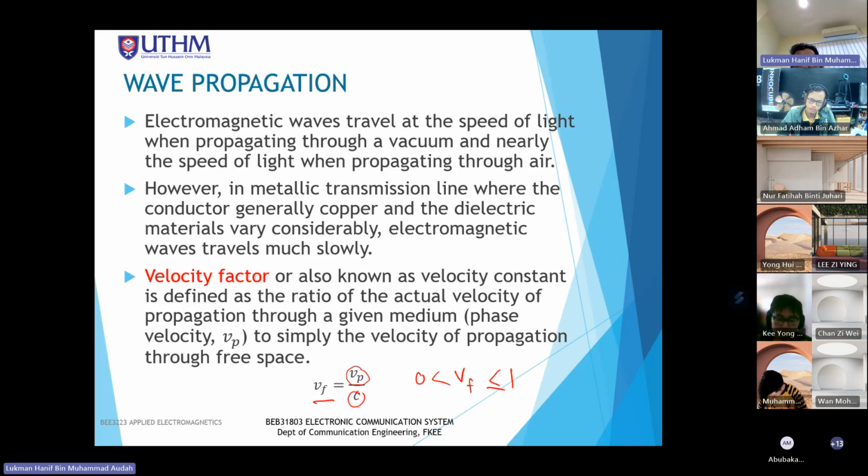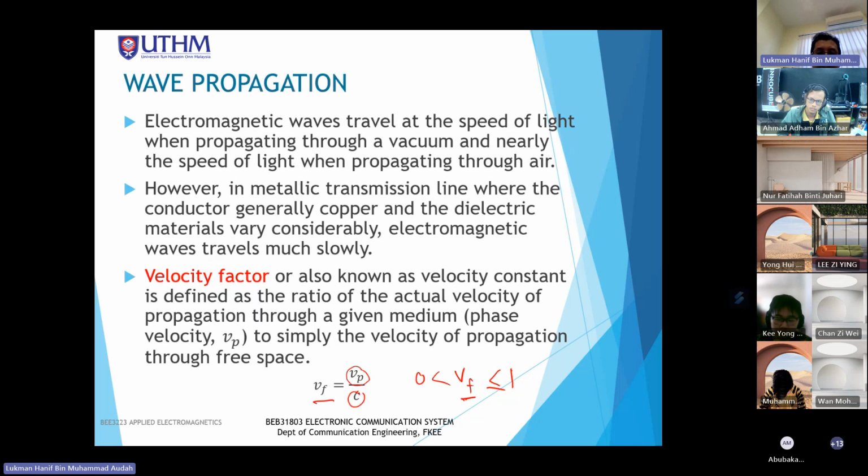If the transmitted wave travels in the vacuum, we can say that the speed of the wave is equal to the speed of light, and the Vf is equal to 1. So if Vf is equal to 1, that means the transmitted wave has the same speed as the speed of light.